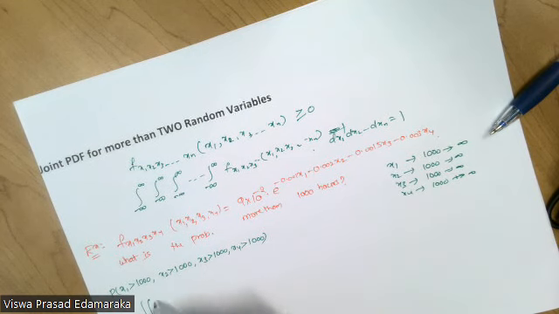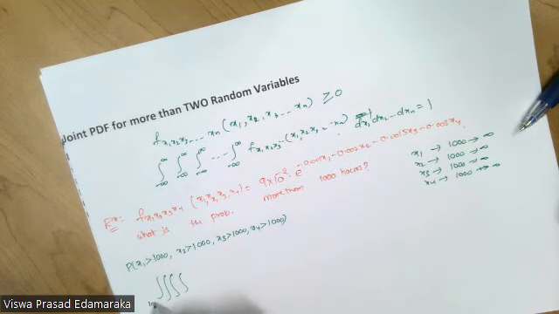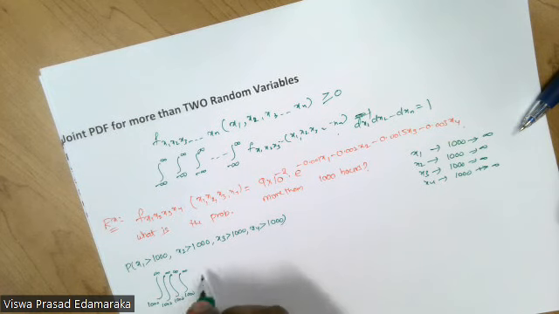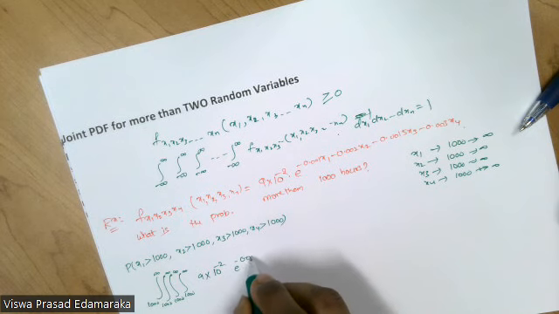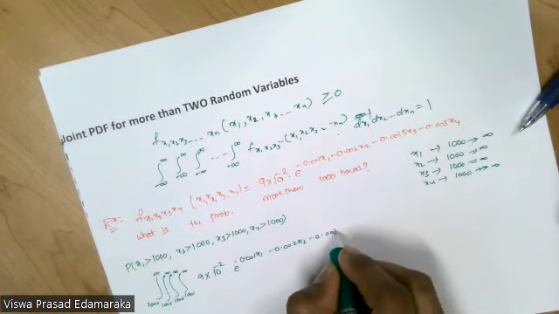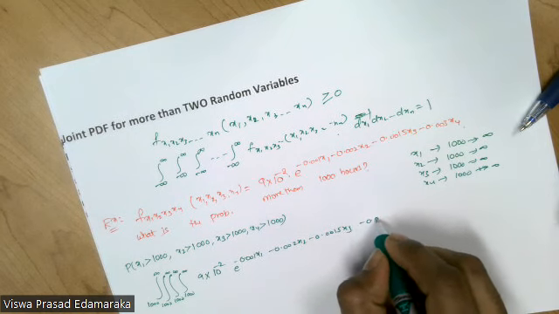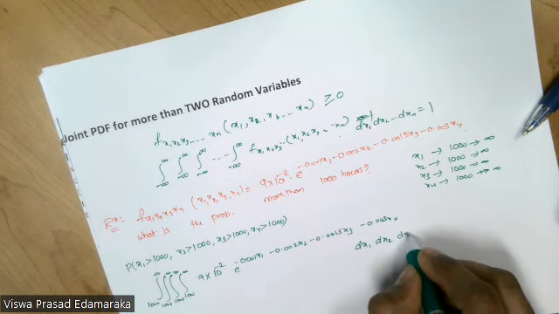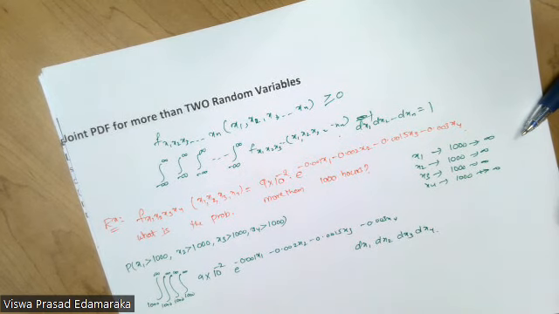Simply we will integrate all four random variables from 1000 to infinity, of 9 into 10 power of minus 2 e power of minus 0.001x1 minus 0.002x2 minus 0.0015x3 minus 0.003x4 with respect to dx1, dx2, dx3, and dx4.